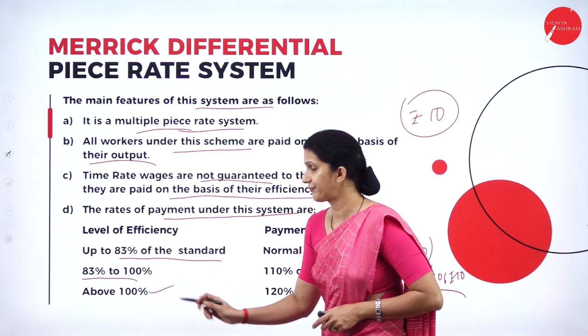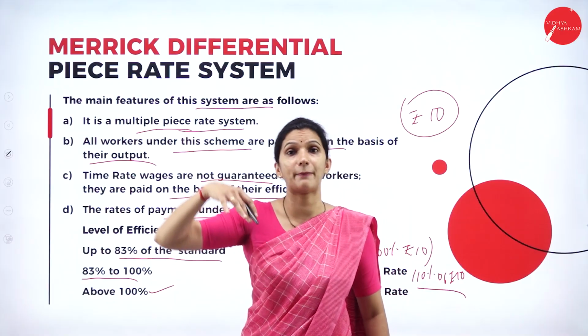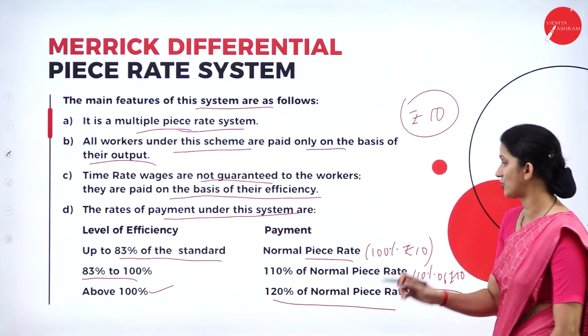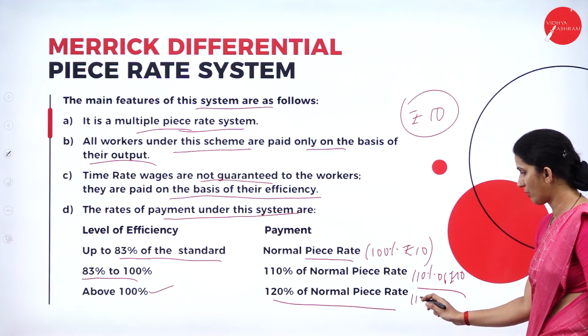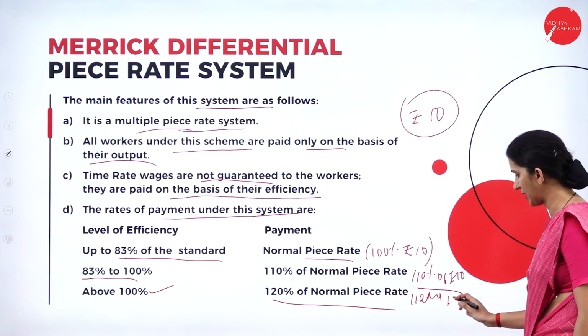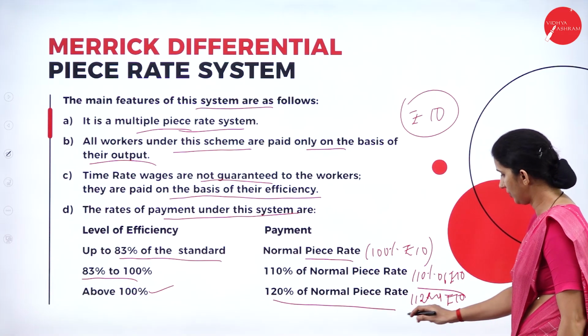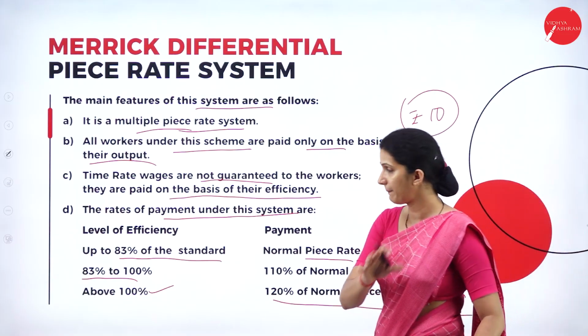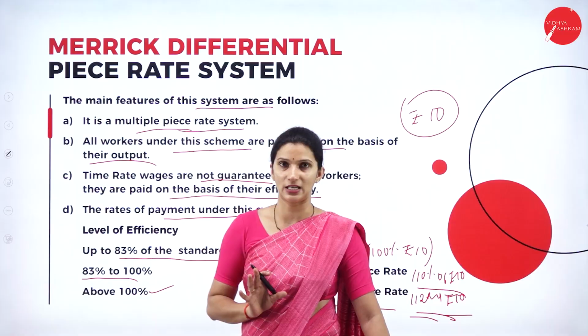Then third category, if any worker's efficiency is above 100%, they will get 120% of the normal piece rate. That means 120% of rupees 10. So this is the multiple piece rate that is given to the worker based on their efficiency.